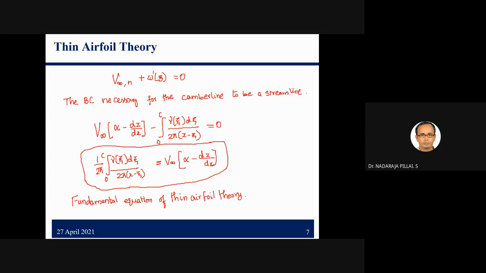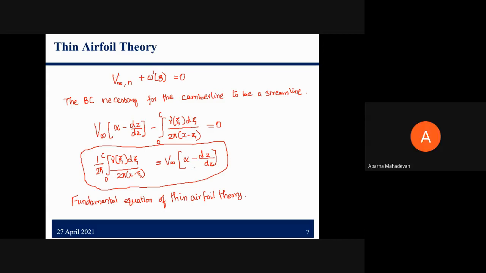Now, I stop at this point for today's discussion, but one single question. I said the camber line and dz by dx is the slope of the camber line that you know, right? Now, when the camber line has no effect, at what condition?